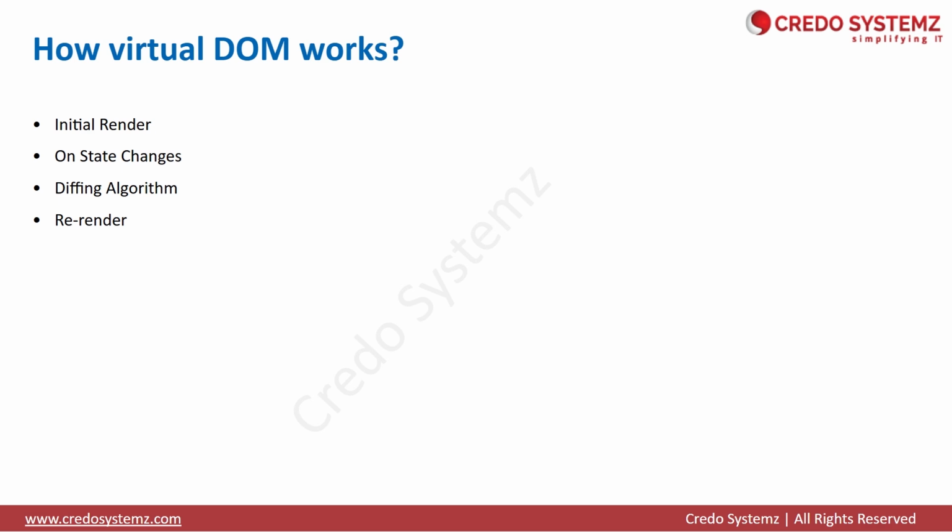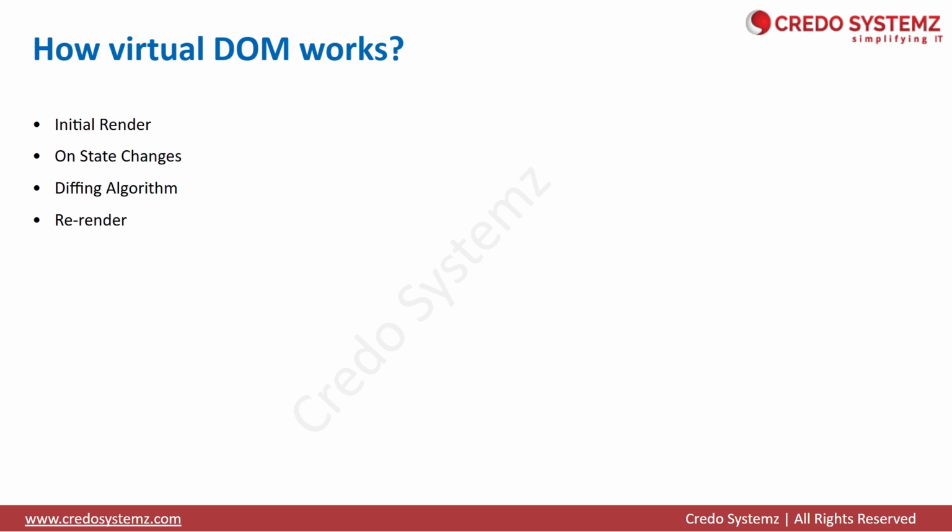Whenever there is a change in the DOM or in the states or props, of course we haven't understood what states and props are, don't worry, that's just a concept in React. Whenever there is a change in states or props, the component state gets changed. Once it changes, obviously the DOM is supposed to get updated, and that time the DOM is supposed to get rendered on the browser screen.